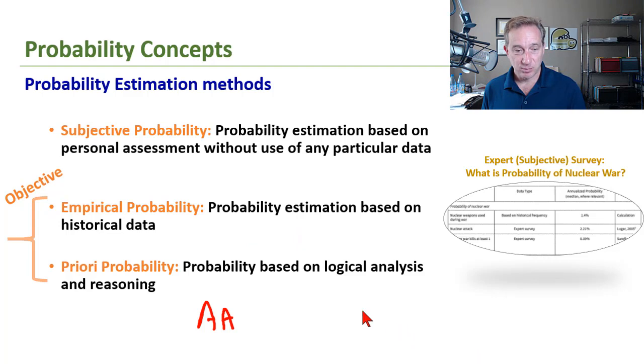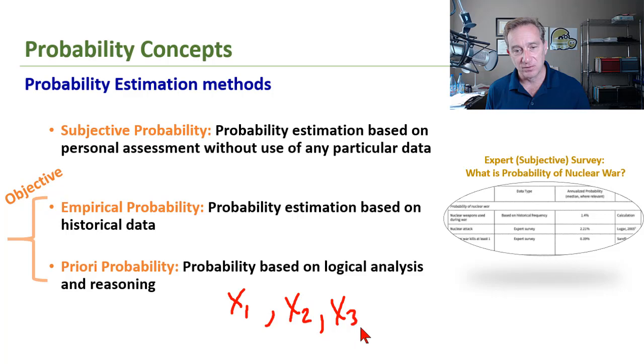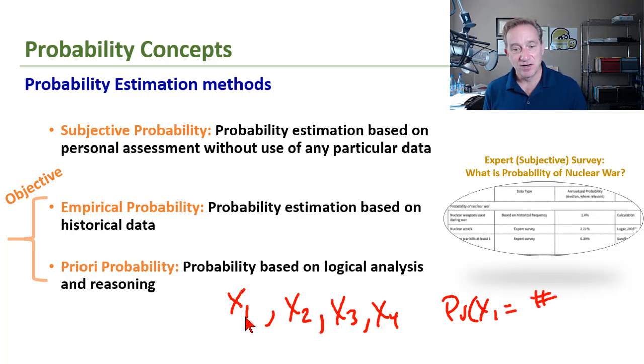And then a priori probability, based on logical reasoning, would be something like this: we're interested in a certain event, and we could have an outcome of x sub 1, x sub 2, x sub 3, x sub 4, and we say the probability of x sub 1 equals the frequency of its outcome divided by the total.